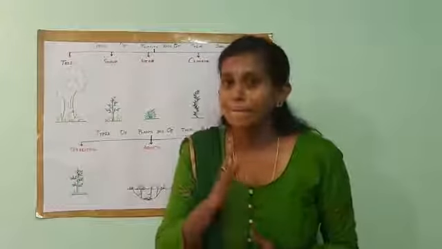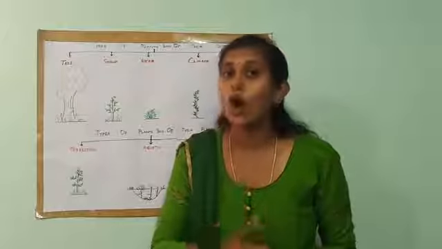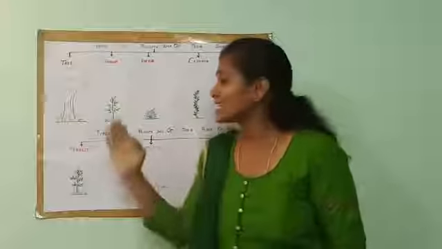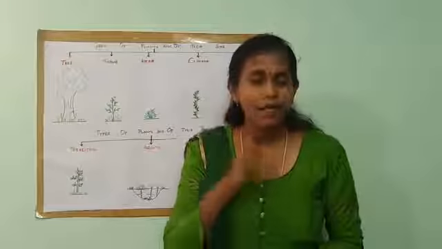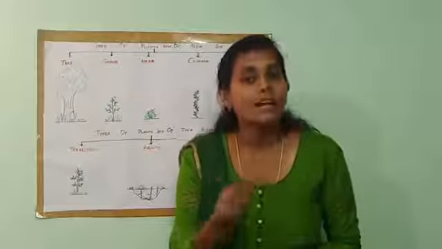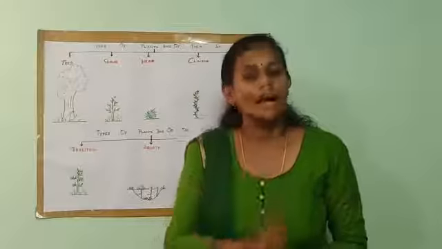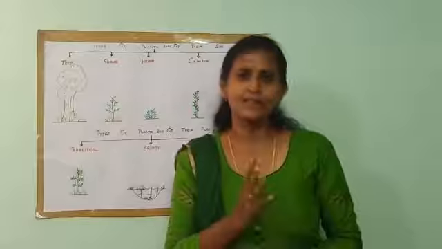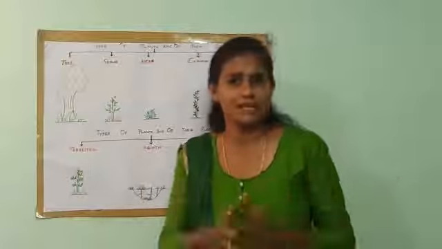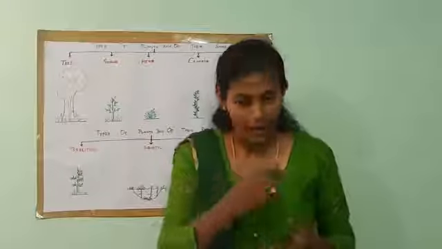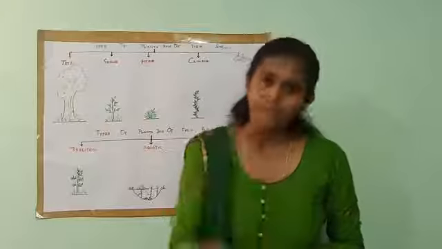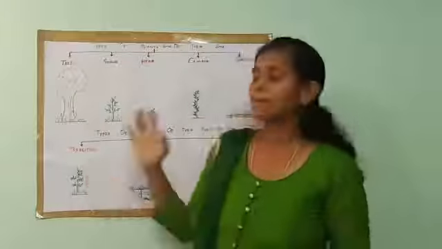Plants that live on land are called terrestrial plants. Examples of terrestrial plants we see in our world are banyan, banana, hibiscus, and grass. Even grass is a terrestrial plant.